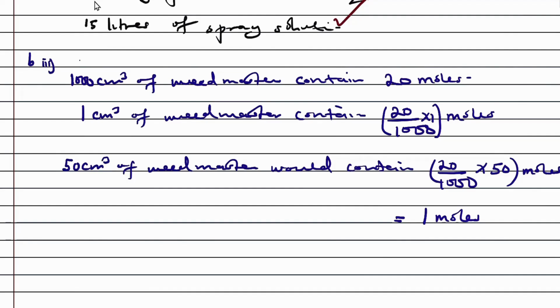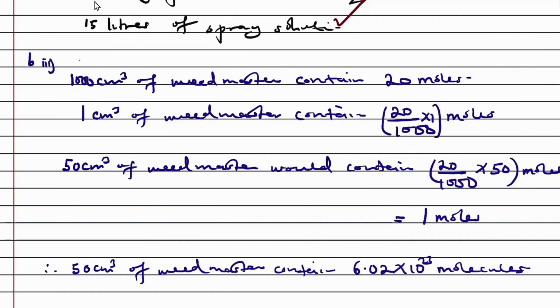And since it is 1 mole, it is equivalent to the Avogadro's number. Therefore, 50 cubic centimeters of the Weedmaster contain 6.02 exponent 23 molecules. Why? Because we have got 1 mole. Therefore, this becomes our correct answer for Roman numeral 3 of part B.